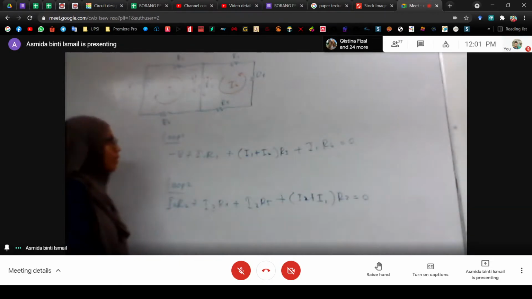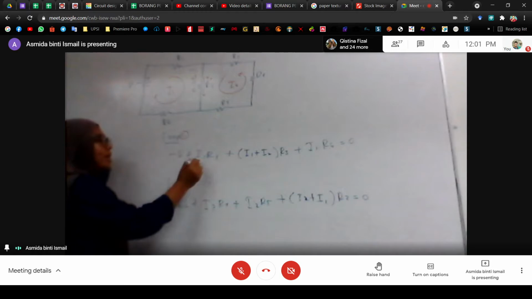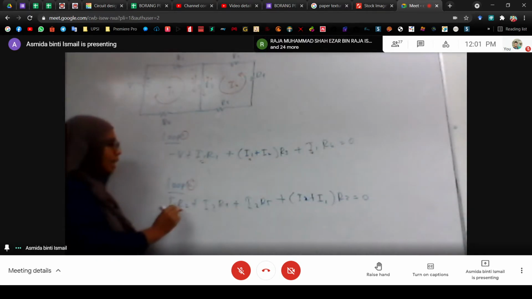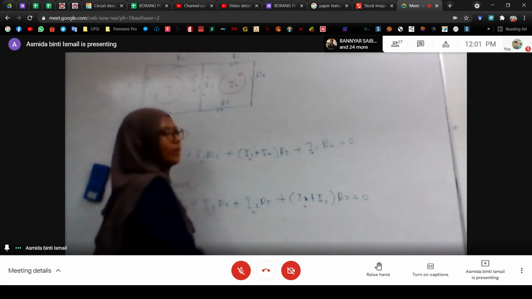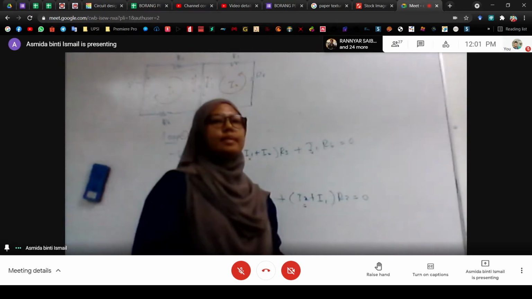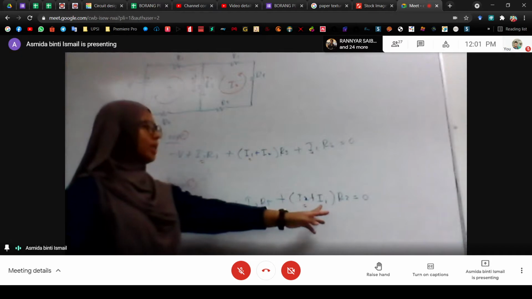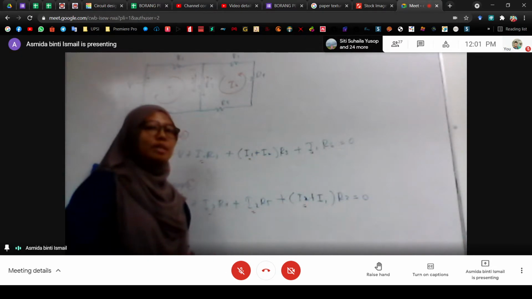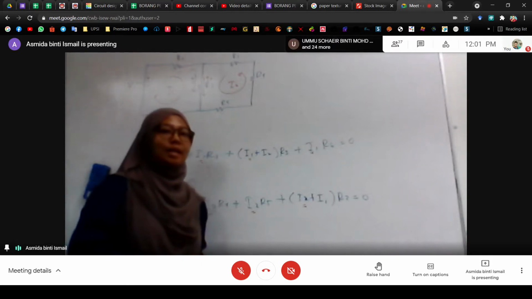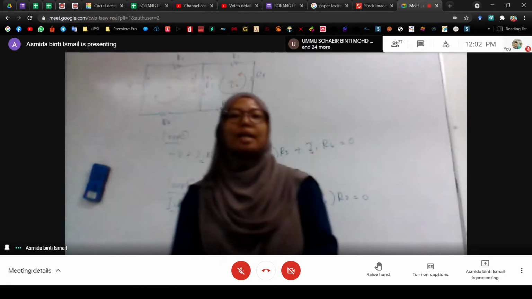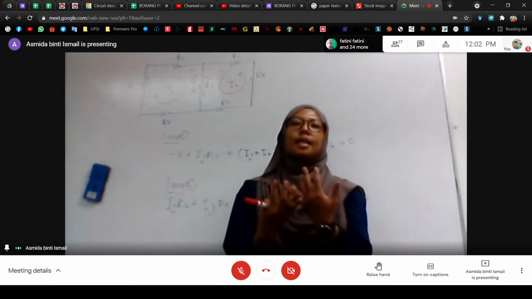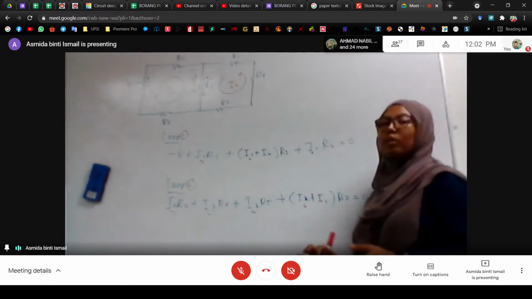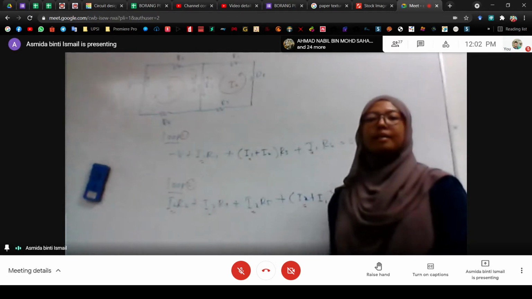Like I said before, if you are in loop 1, I1 is your priority. If you are in loop 2, I2 is your priority. For this one, if you write I1 plus I2, it's okay because it's a plus. But it becomes a problem if they are in different directions. If you write I2 minus I1, your answer will be wrong.